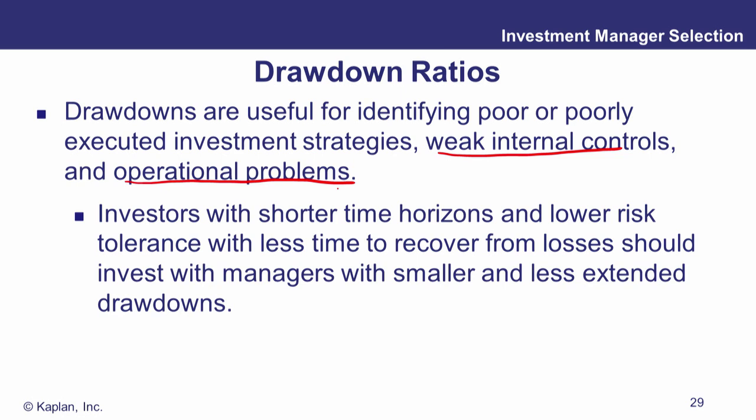Are you overreacting, underreacting? If you have a long-term strategy in view, think of it more like a strategic asset allocation, then why would you immediately pull your money out on that one day? What we're trying to do here is to relate the manager's experience and background to our investors. Do they have a short time horizon? Trying to match the right manager to the right time, to the right IPS.